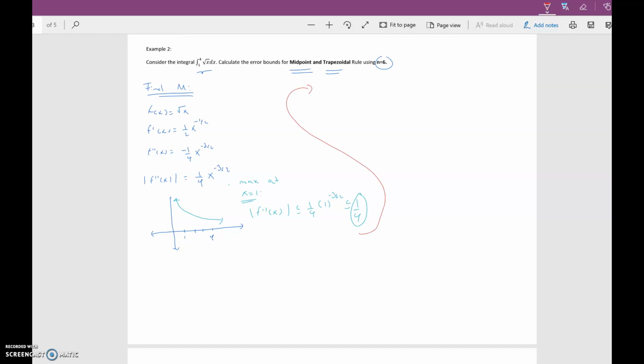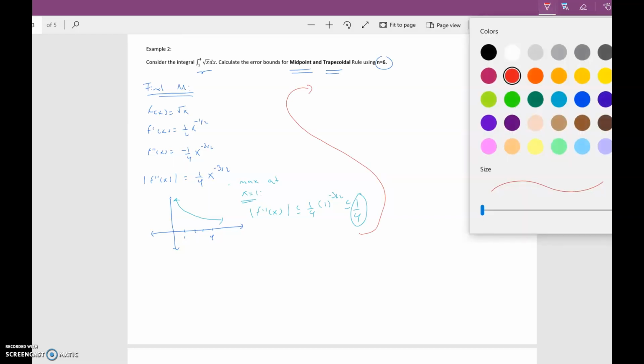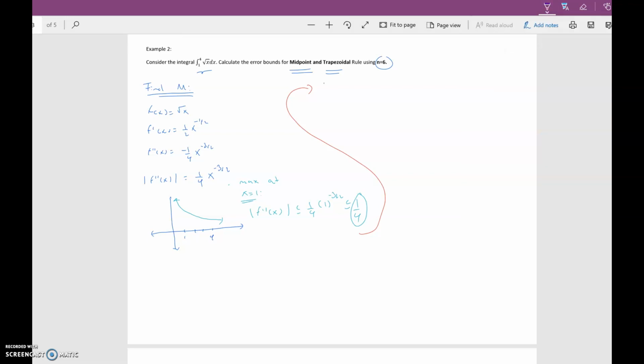Okay, so let me do here the error bound for the midpoint. So error for midpoint, and then n is equal to 6.